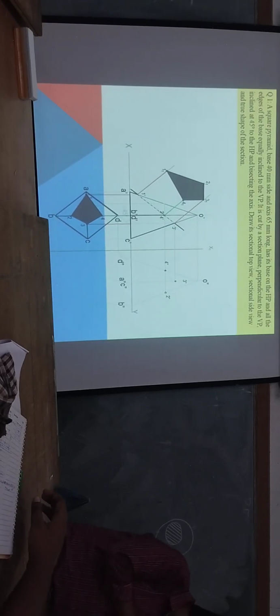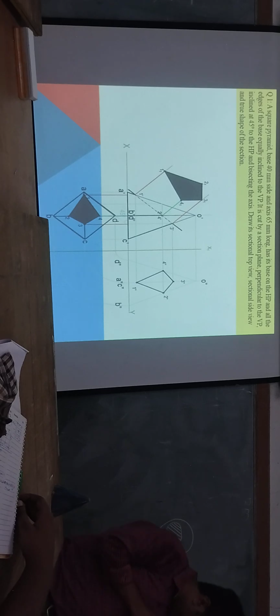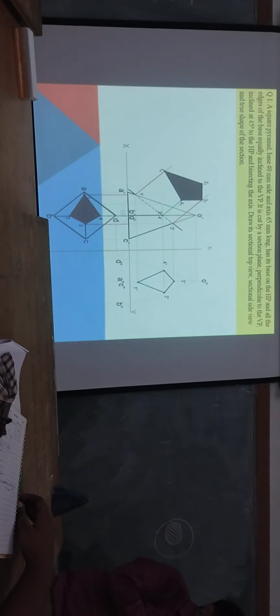One means the middle line. So if you join the lines, you will get the side view.